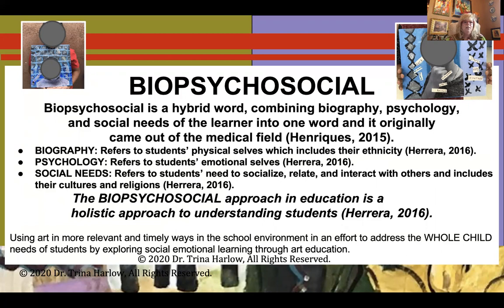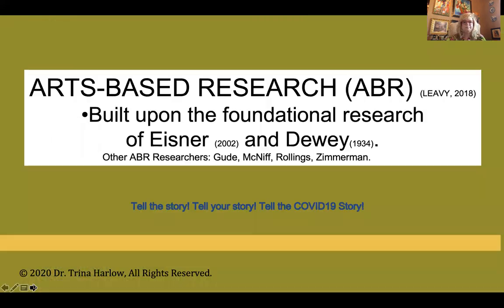Psychology refers to their emotional selves. And their social needs refers to their needs for socialization and relating and interacting with others, and it includes their cultures and religions. It's based on Eisner and Dewey, and it's arts-based research.